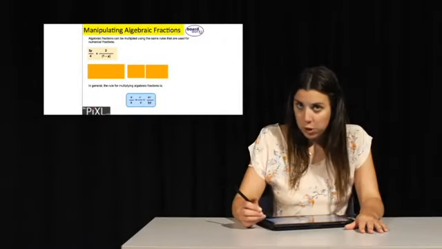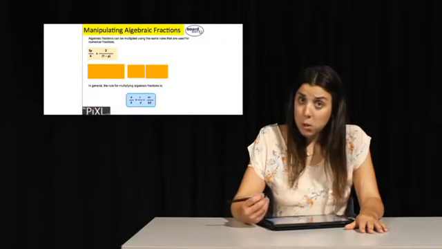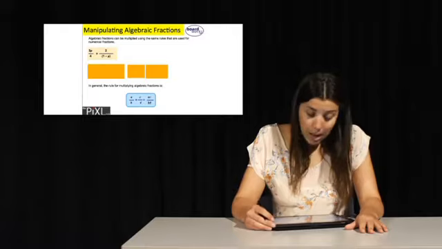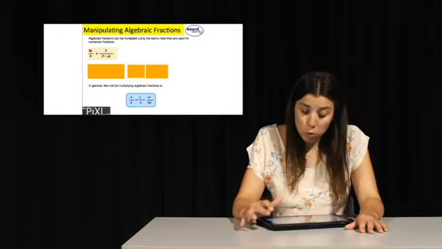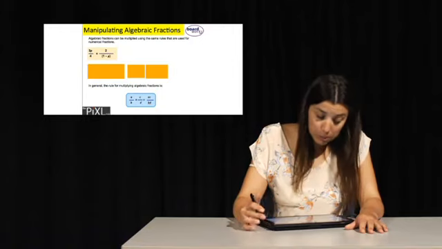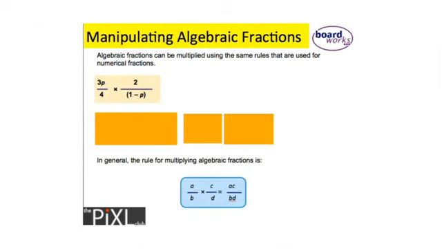So a further manipulation that we can do to algebraic fractions is to multiply and divide. Algebraic fractions can be multiplied using exactly the same rules that are used for numerical fractions. So we have a fraction, for example, 3p over 4 multiplied by 2 over 1 minus p. We follow exactly the same rules.